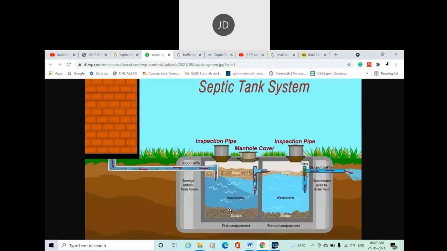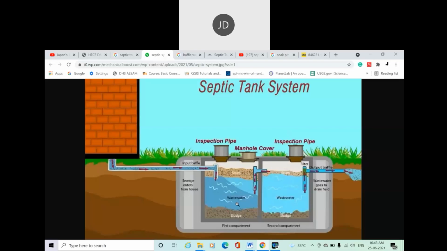They will settle here. The waste particles which are lighter than water will float on the top surface of the water and create a layer. This is known as scum, and this is the scum layer.